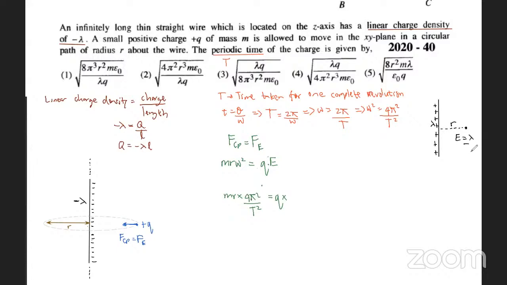It is given by lambda over 2 pi epsilon naught r, isn't it? So that is how you have to approach it. Otherwise you can't substitute a value for the charge from here. It is not a point charge.